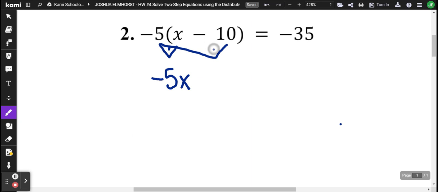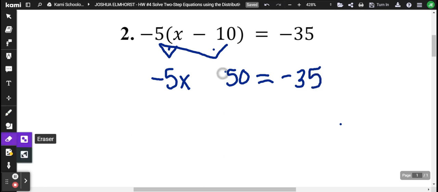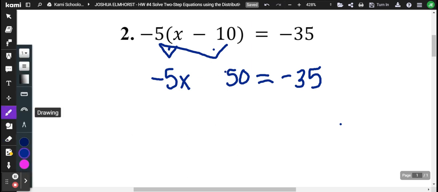And then we've got negative 5 times 10, which is negative 50, and subtracting a negative is the same as adding a positive. And we just move the negative 35 down. We can also look at this as a negative 5 times a negative 10, which would be a positive 50.